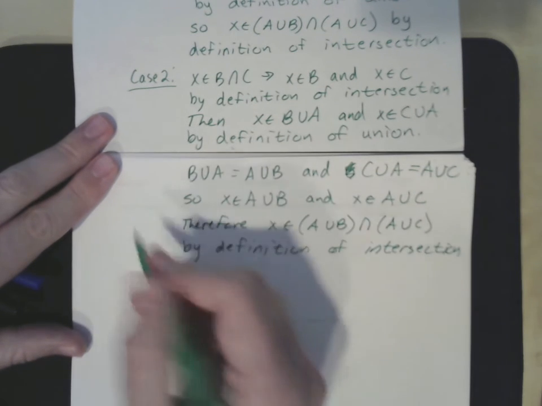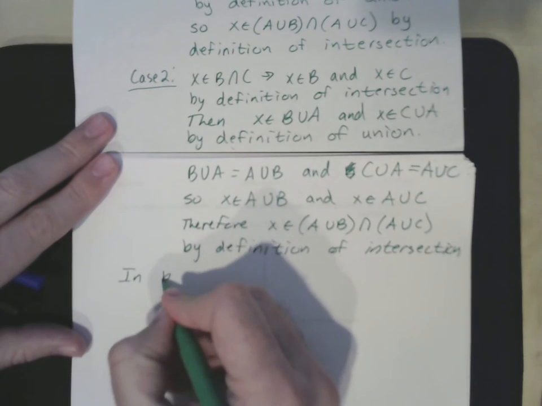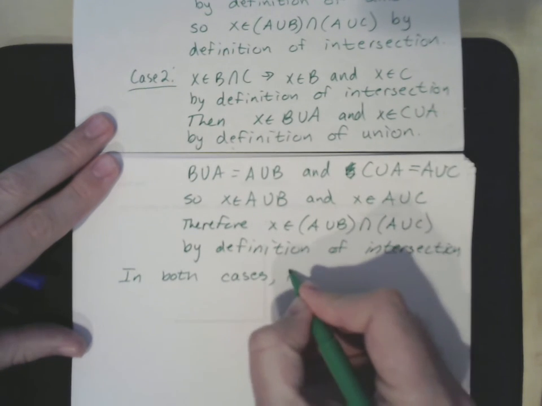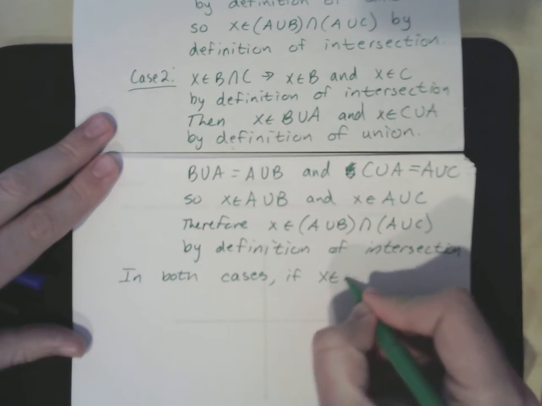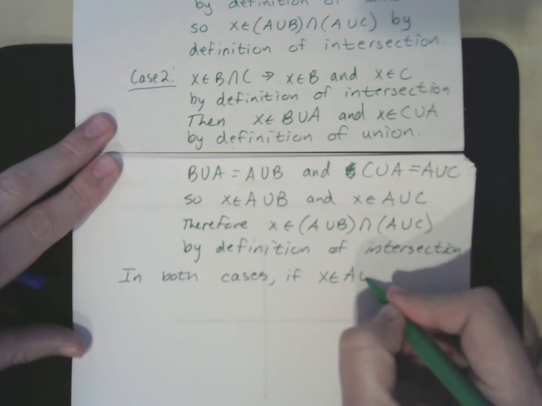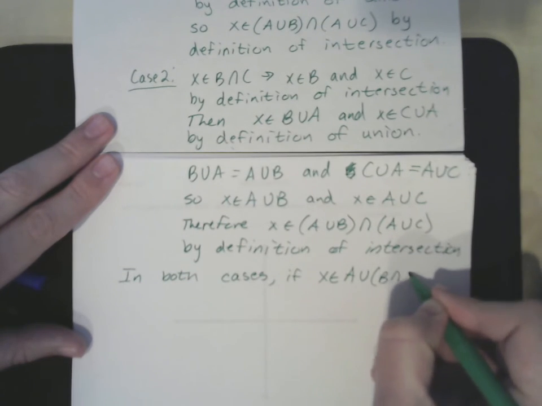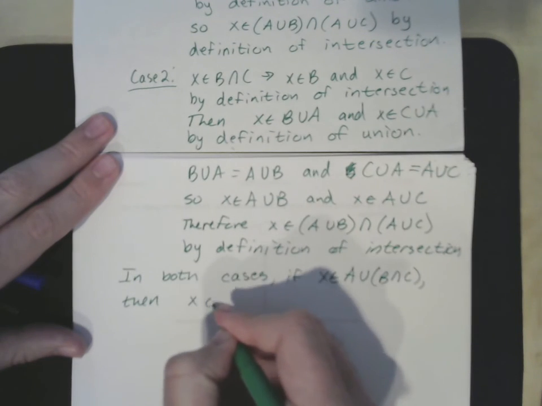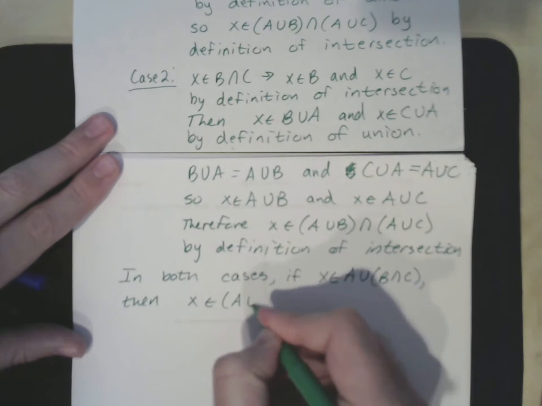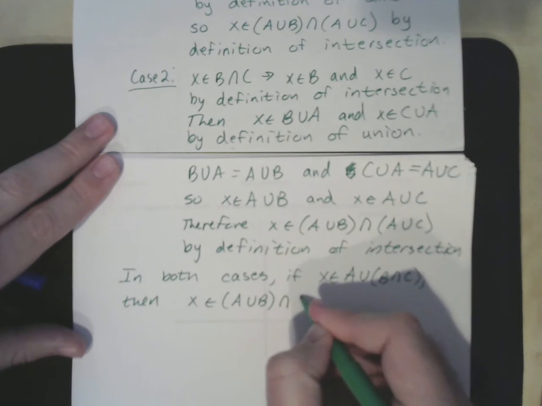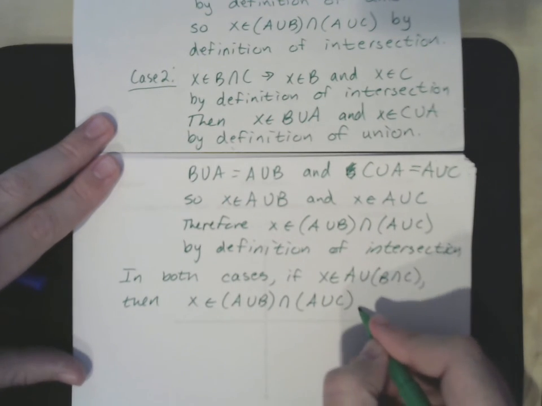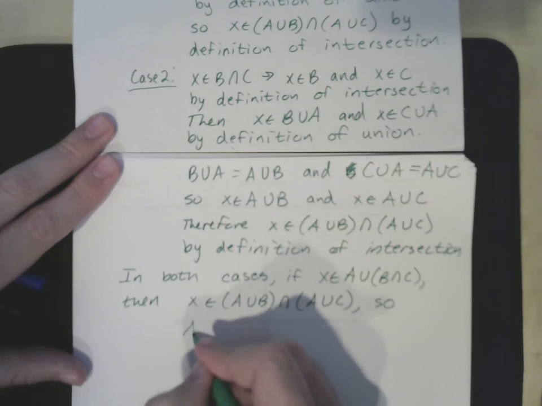So, in both cases, if X is in A union (B intersect C), then X is in (A union B) intersect (A union C). So we have our subset.